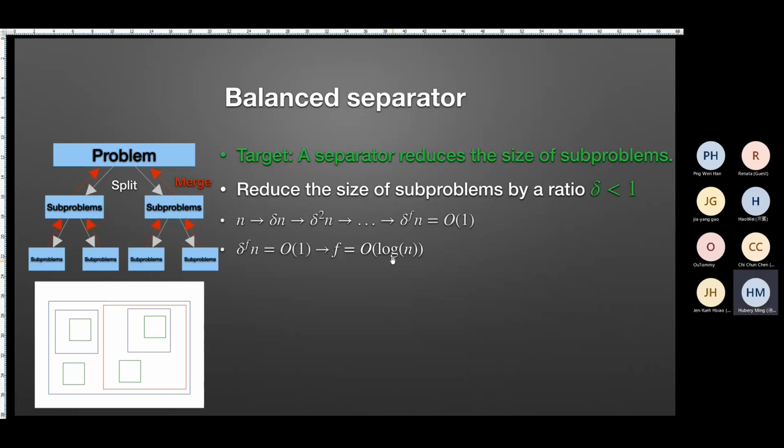In order to define such a separator, we would like to define a delta balance separator.